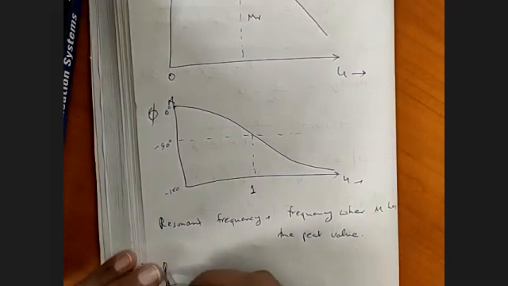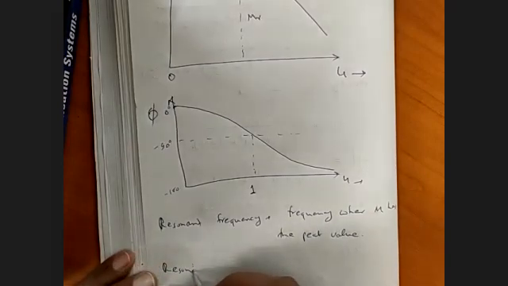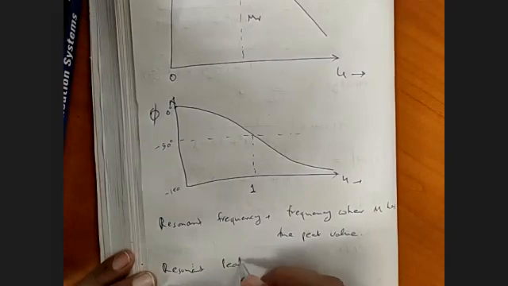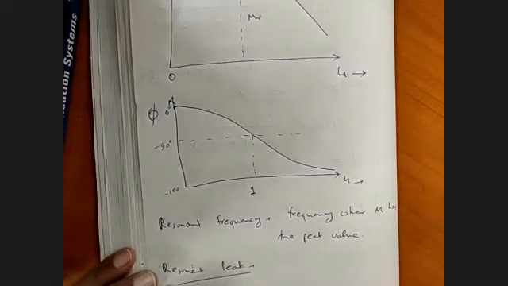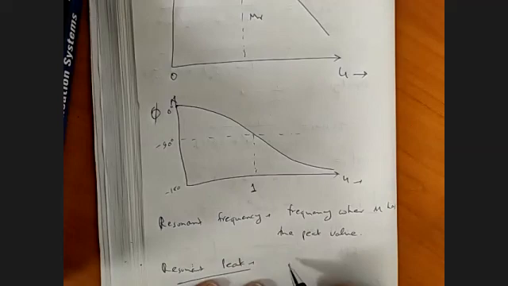And then we have resonant peak. Resonant peak will be the maximum value of the magnitude.